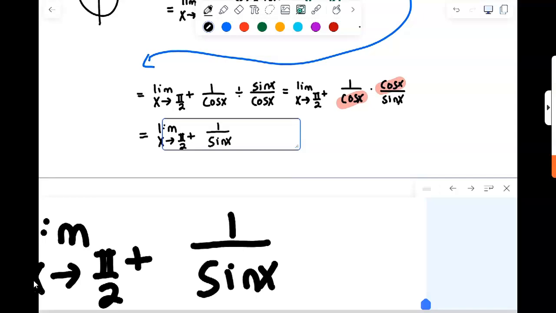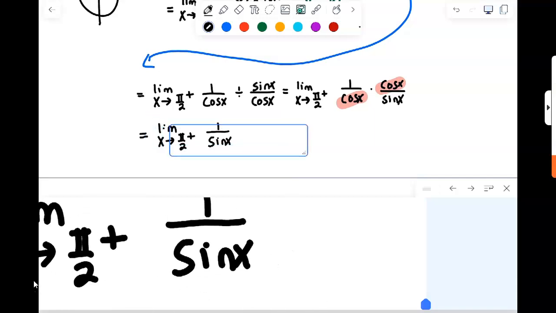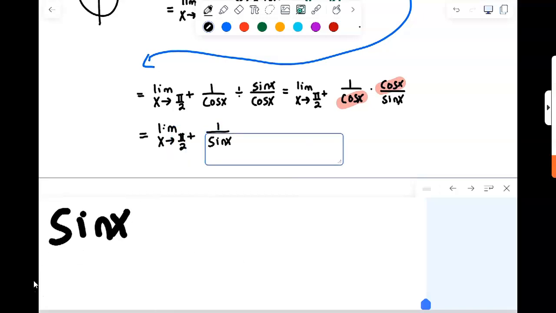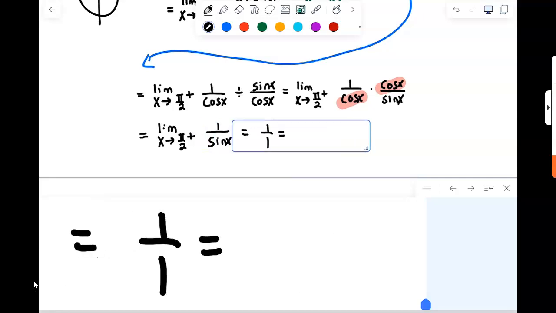And I can allow x to now be pi over 2 because the infinity over infinity is gone, right? I can allow it because sine is defined at pi over 2. And that's just going to be 1 over 1, which will just be 1.